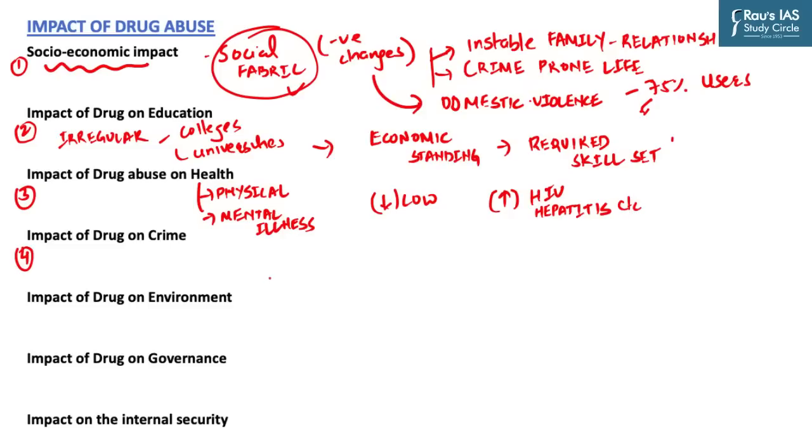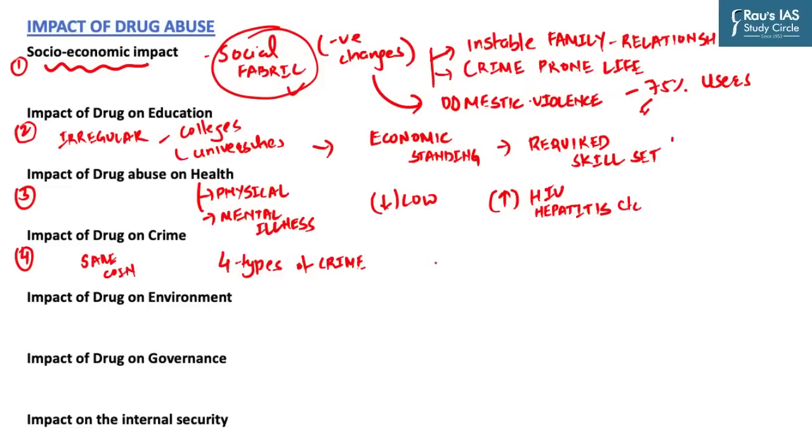The fourth major impact of drug abuse is that on crime. Now, it is commonly said that crime and drugs are two sides of the same coin, as the consumption of drugs involves four types of crime being committed at the same point of time. That is, crime committed by the drug abuser to obtain the drugs is also a crime.